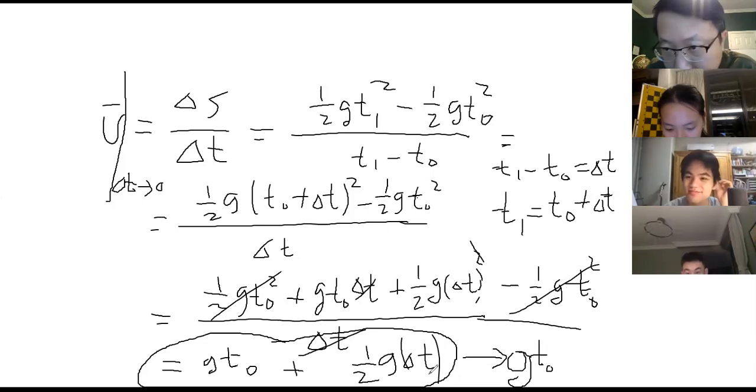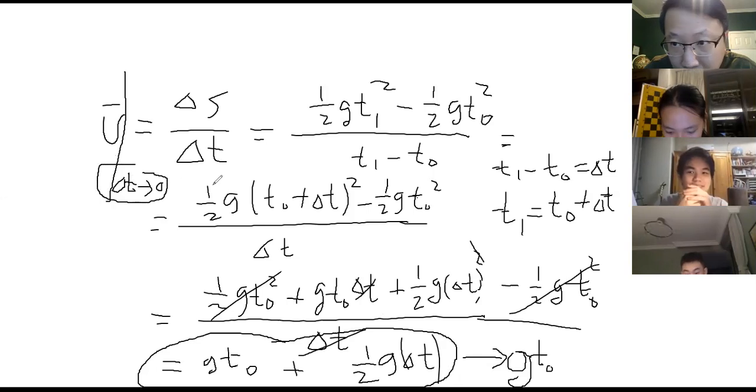But the second term, when your delta t goes smaller, this one will keep going smaller. If delta t is 0.000000001 second, this will become really, really small. So eventually, when delta t approaches 0, we call it the limit, and this term is gone, correct?